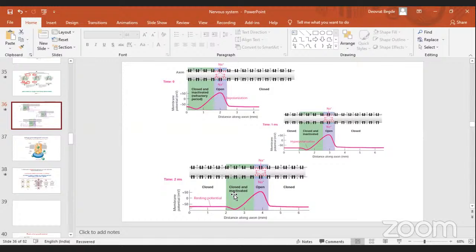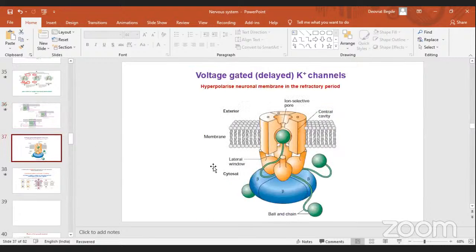To understand how the repolarization is done by voltage gated potassium ion channels, we also understood that the architecture of the potassium ion channels is more or less similar to sodium ion channels. The only exception is that the number of inactivating segments, these ball-like structures that you see, is more in delayed voltage-gated potassium ion channels.